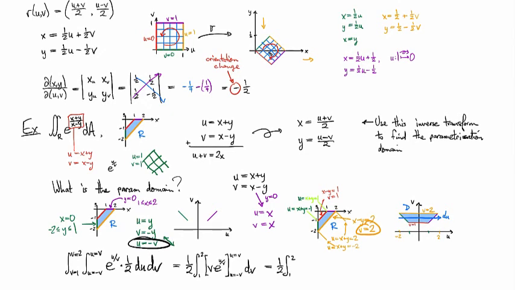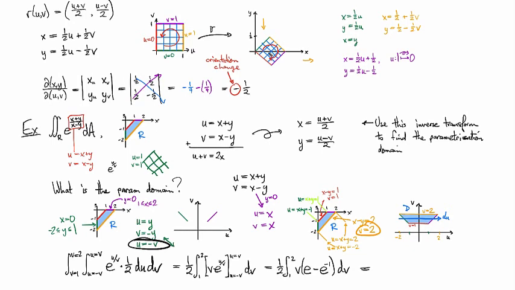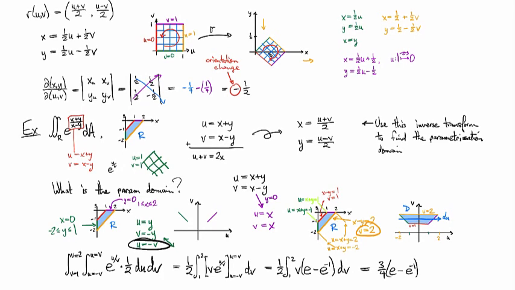Evaluating that, the v comes along for the ride, and then we get e to the 1 at the top, and at the other end we get e to the -1, dv. And that ends up giving us 3/4 (e minus 1 over e). And we are done.